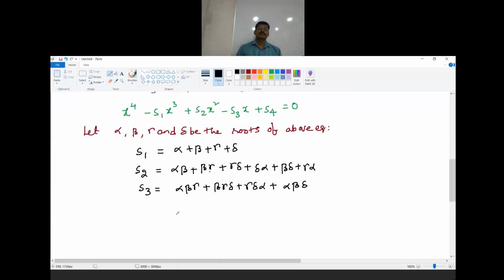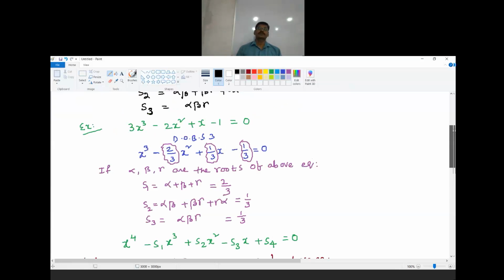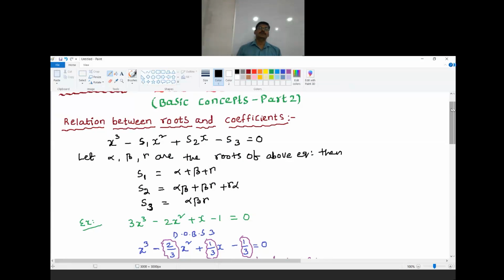So this is S3. Next, S4 is the last coefficient, and the last one is always the product of the roots: alpha beta gamma delta. In this way, we can write the relation between roots and coefficients. This concept is very useful for solving a number of problems. Thank you.